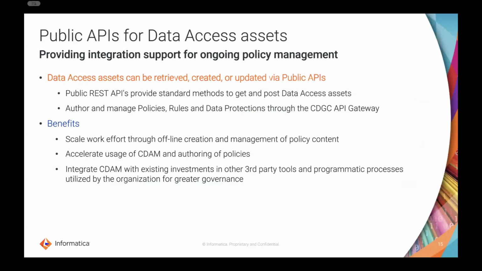The third of the capabilities we're introducing in the April release is around public APIs for all the data access assets. This will allow you to retrieve, create, and update data access management content through public APIs.